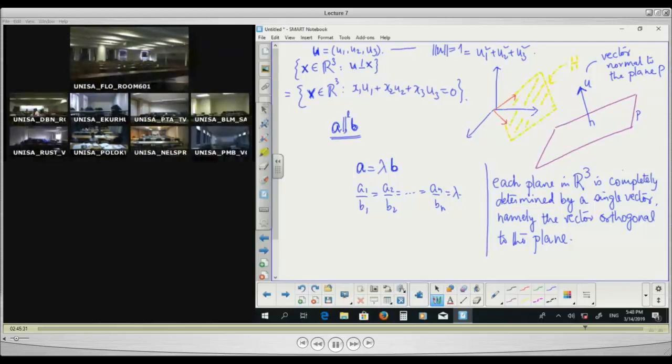We say that, okay, we have this list of vectors. This is a linearly independent list of vectors.